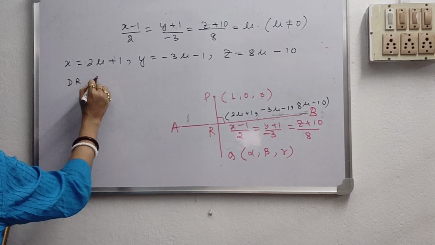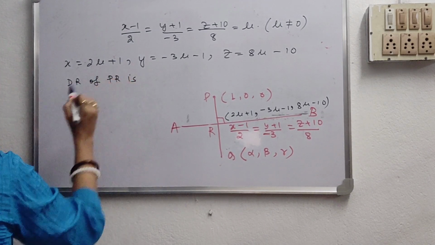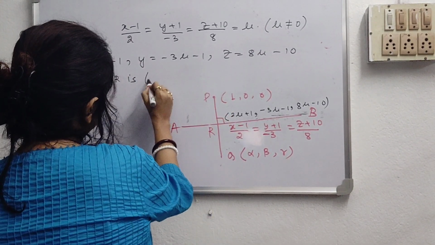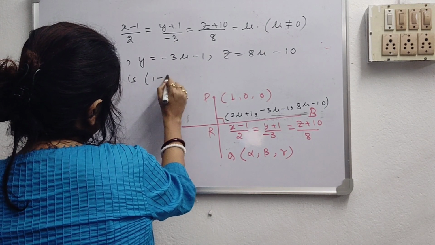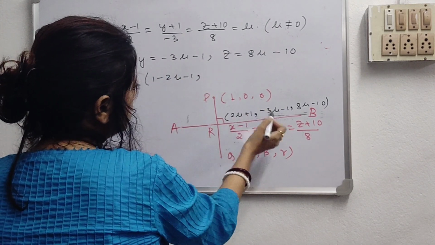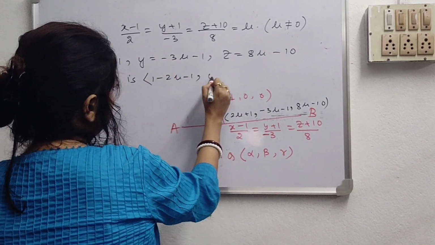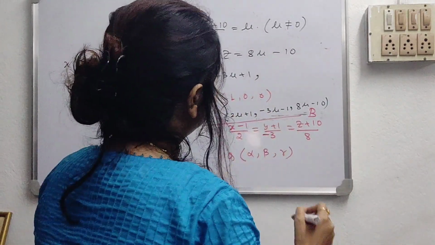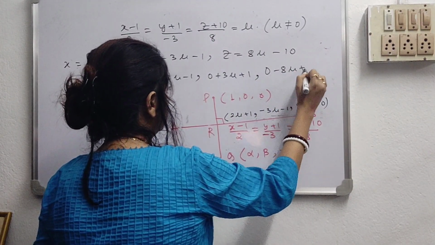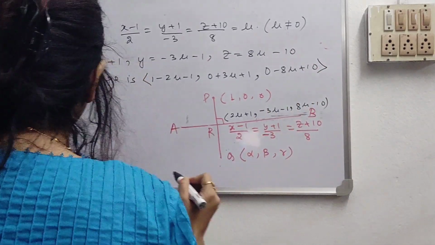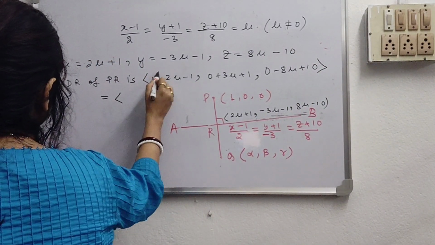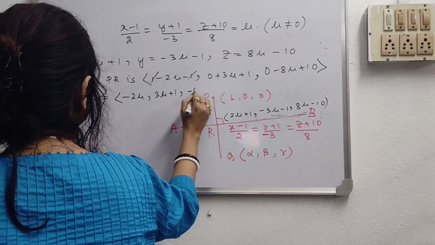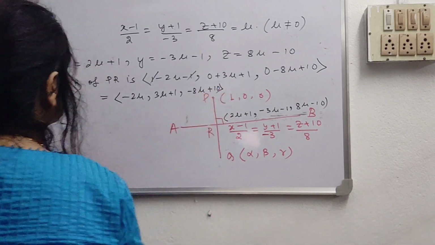The direction ratio of PR is 1 minus (2 mu plus 1), that is minus 2 mu, then 0 minus (minus 3 mu minus 1), and 0 minus (8 mu minus 10).